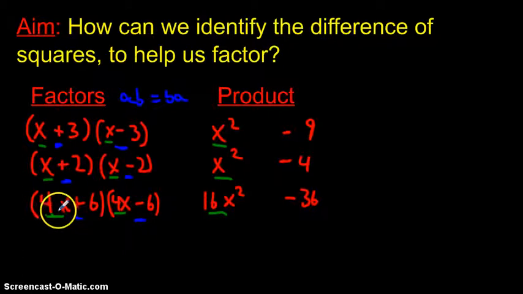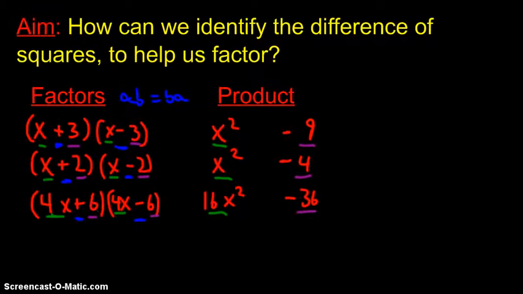Alright, if you're not sure why, 4x times 4x is 16x squared. So that's one pattern to notice. Another pattern to notice is that the square root of 9 happens to be 3. The square root of 4 happens to be 2. And the square root of 36 happens to be 6.